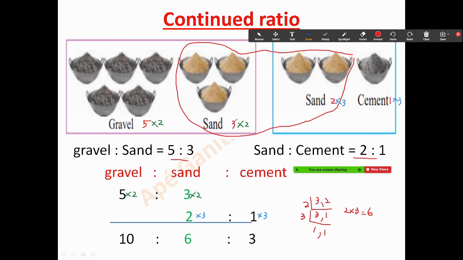To make 6 here, 3 multiply by 2. If you multiply this part by 2, the other part of the same ratio also multiply by 2. Here you want to get 6, so 2 into 3 is 6. If you multiply by 3, here also multiply by 3. Now get the equivalent ratios this way, multiply and get the answer.